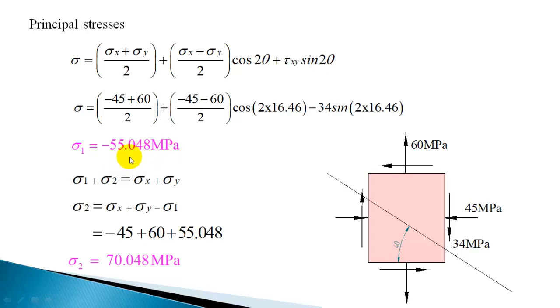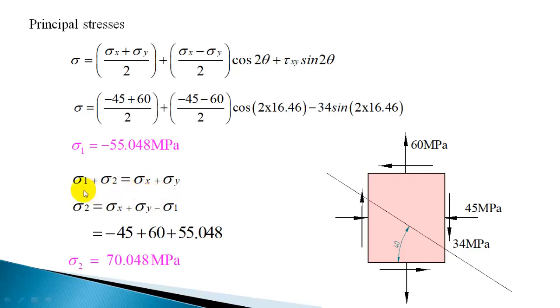To find the other principal stress, you can substitute this angle as 106.46, because the other principal plane is 106.46. Instead of doing that, we know that the sum of the normal stresses on any two mutually perpendicular planes is a constant.